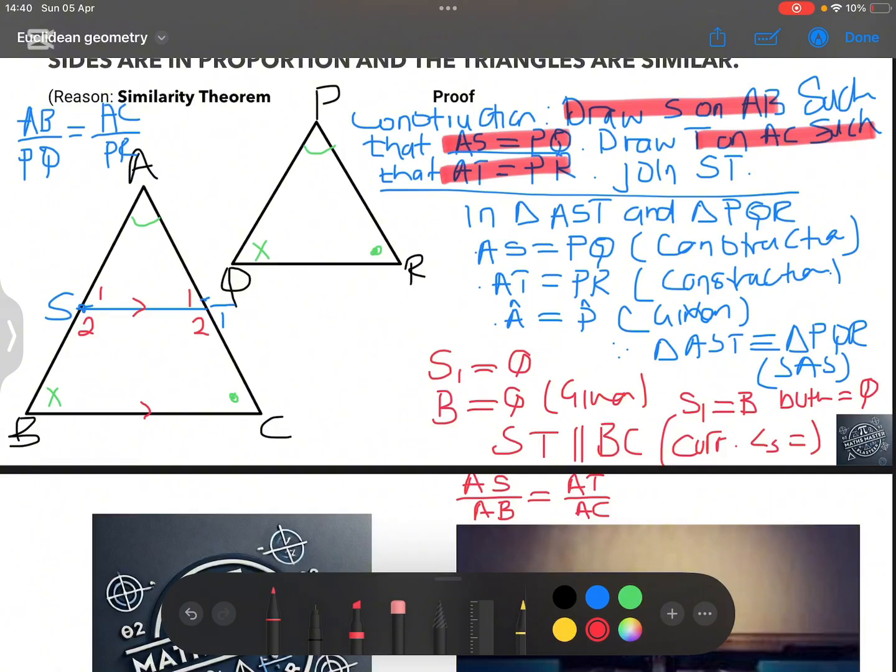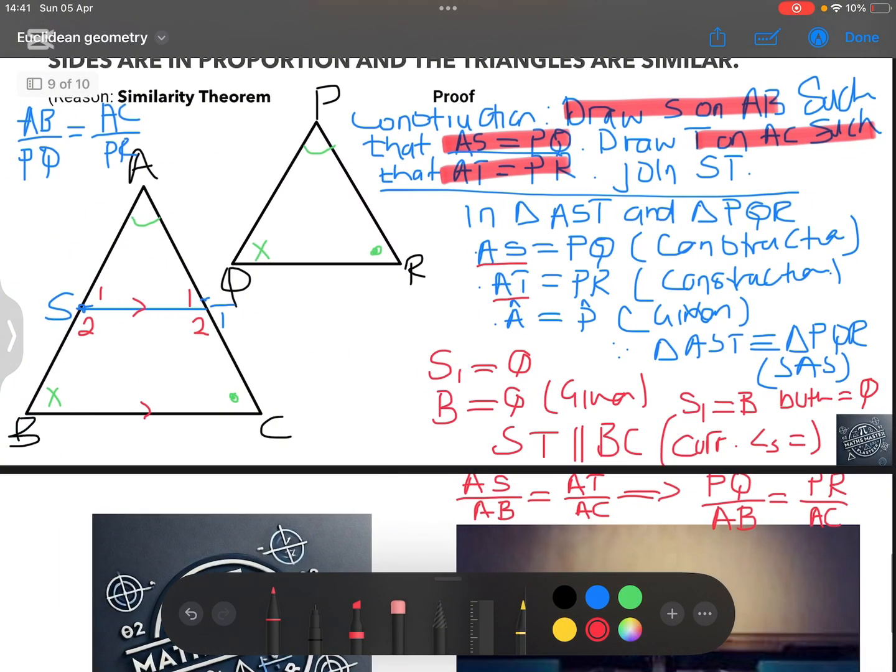So what is AS equal to? AS is equal to PQ. Then we have PQ divided by AB equal to AT, which is equal to PR, so we have PR divided by AC.